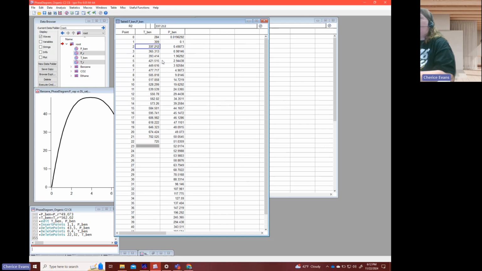And I'm just going to round these values. So 337, 365, because it's my choice what temperatures I use. The only value I am not going to round is the critical temperature, which for some reason is not.